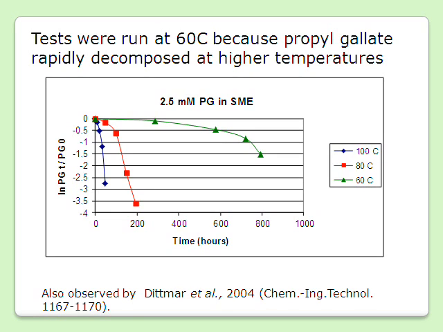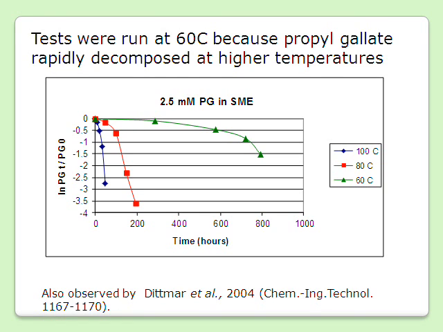This is on a log scale, so 0.5 represents half the material gone, or 0.7, I guess it is, represents half the material gone. So it's a very small fraction left after 48 hours. At 80 degrees, it also reacts fairly quickly, but at 60 degrees, it lasts for a good long while.